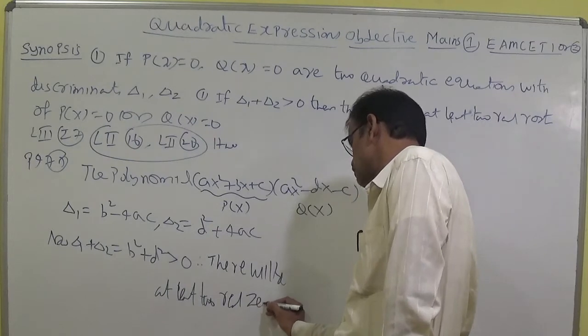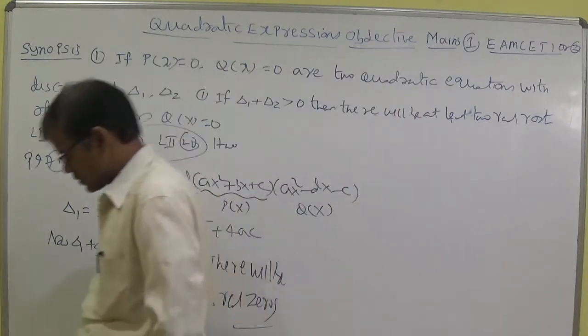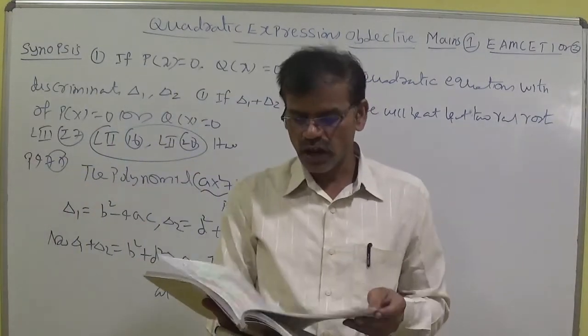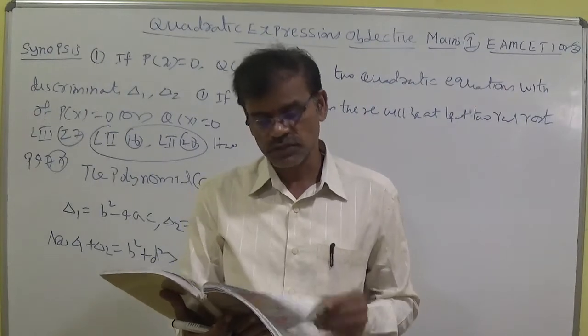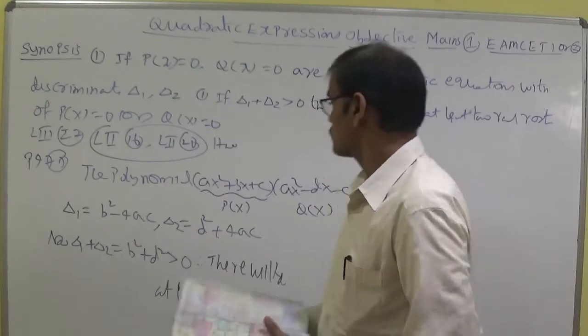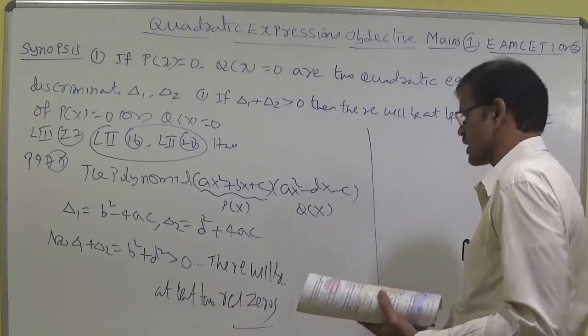Zeros means roots. In this question, the 27th question, I think the first option he has given is wrong. Only at least 2 real roots is correct. So don't get confused, the first option is not right, the second option is.